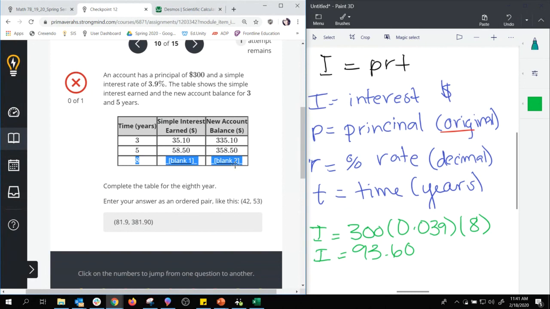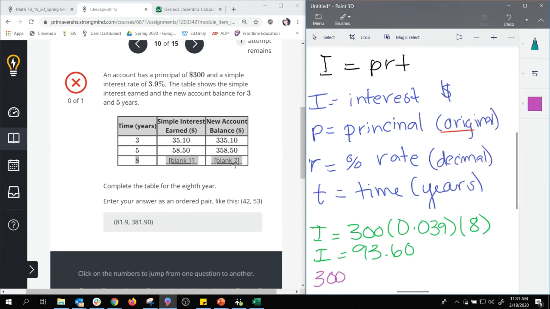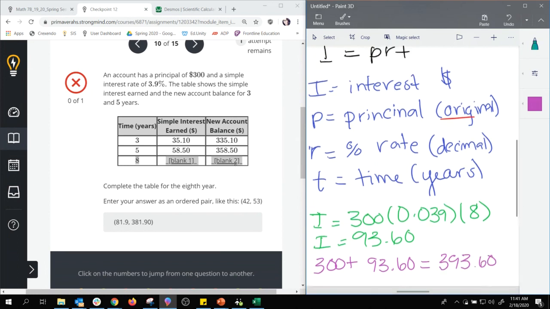How much did he originally deposit? $300. So I take 300 and add it to 93.60, which gives us 393.60.